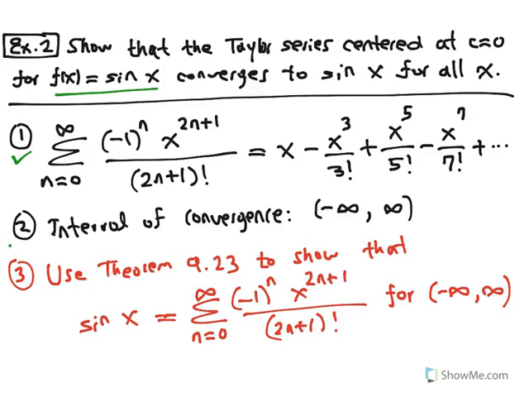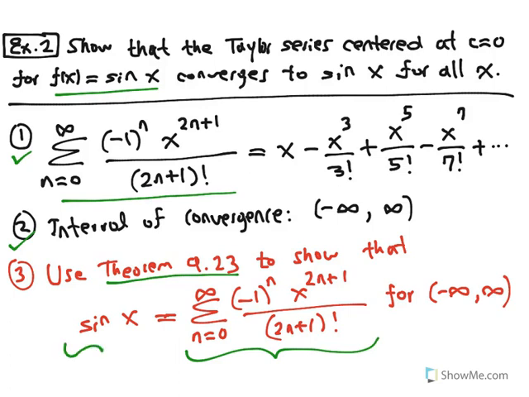And yesterday, we used the ratio test to determine the interval of convergence for this Taylor series. Today, we would like to use Theorem 9.23 to show that the Taylor series from yesterday will in fact converge to the function sine x on its interval of convergence.